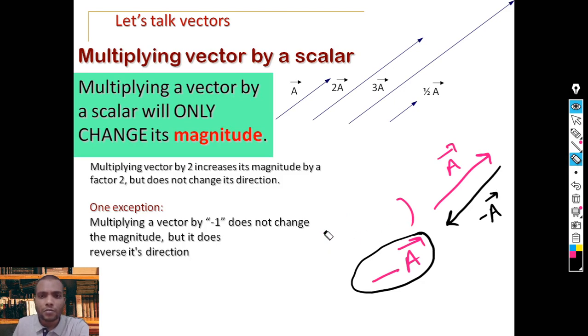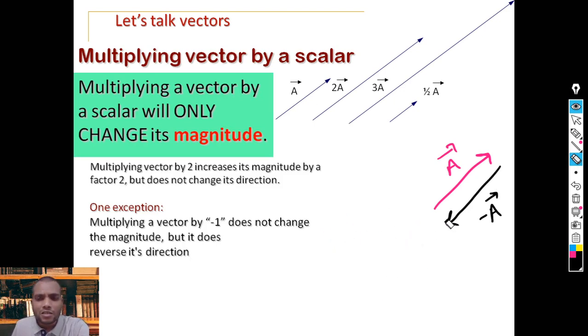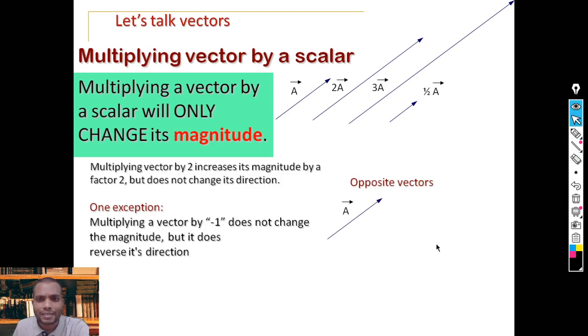This is the reason that if you multiply a vector with the negative number -1, it does not change the magnitude of the vector, but it changes its direction. So these two vectors are known as opposite vectors. They are both equal in magnitude but opposite in direction.